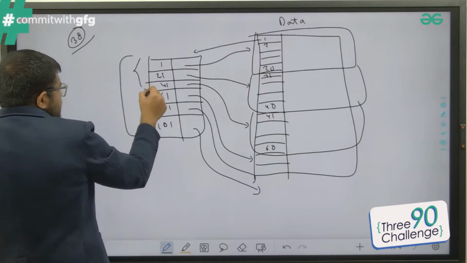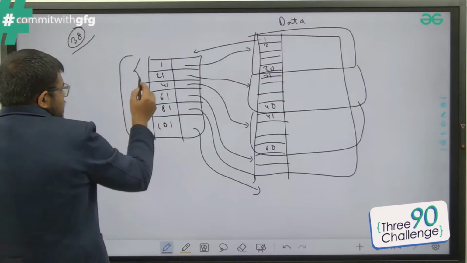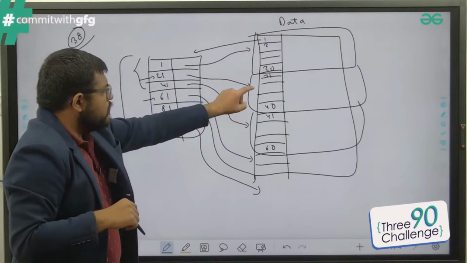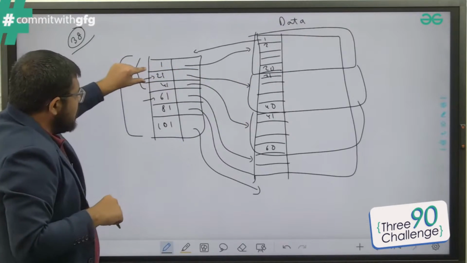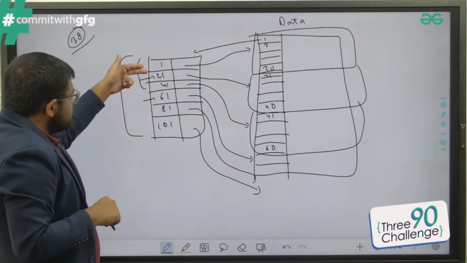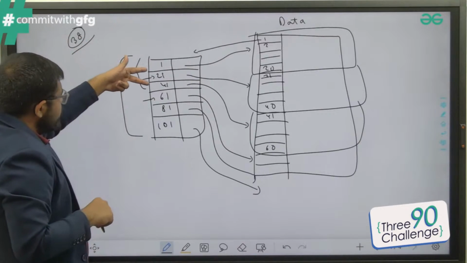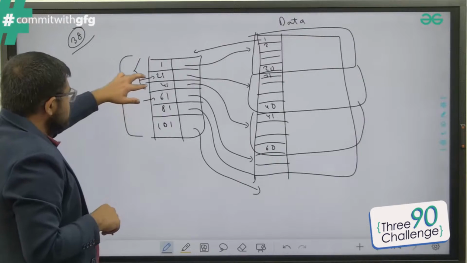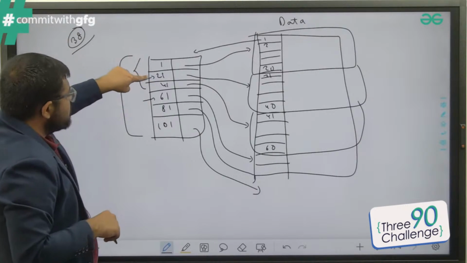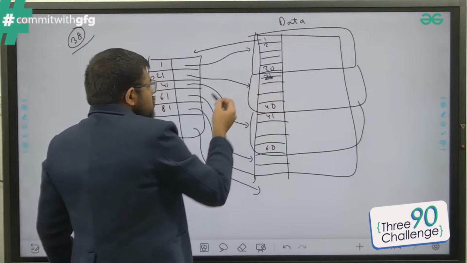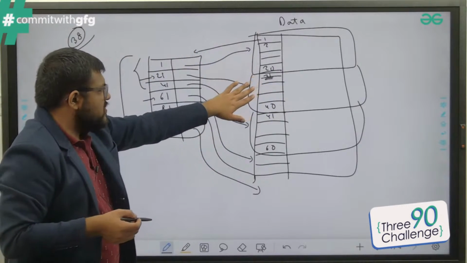So you do a binary search on the top part. Here the middle value is 21, which points to a block containing values starting with 21. So your value 38 may be present in this block or in the blocks below, because 38 is greater than 21, but this block starts with 21.